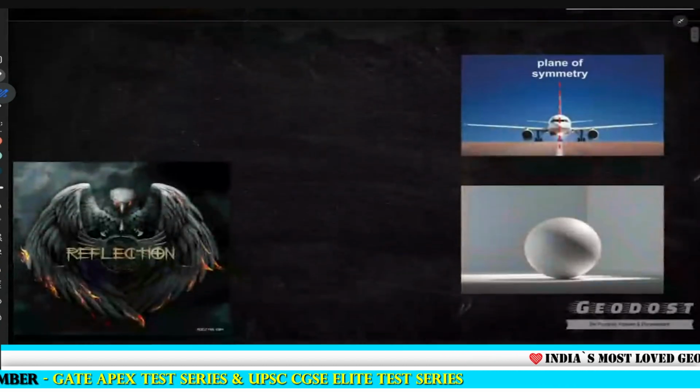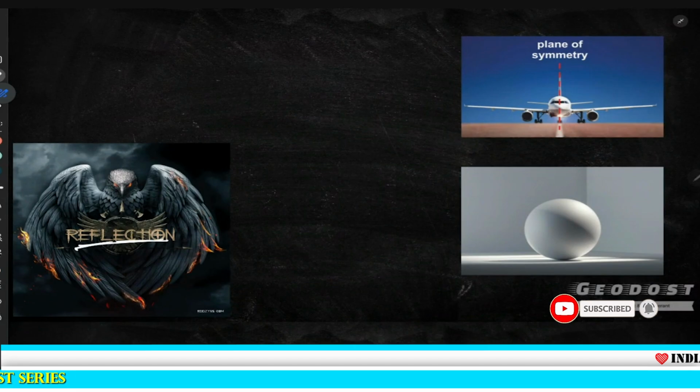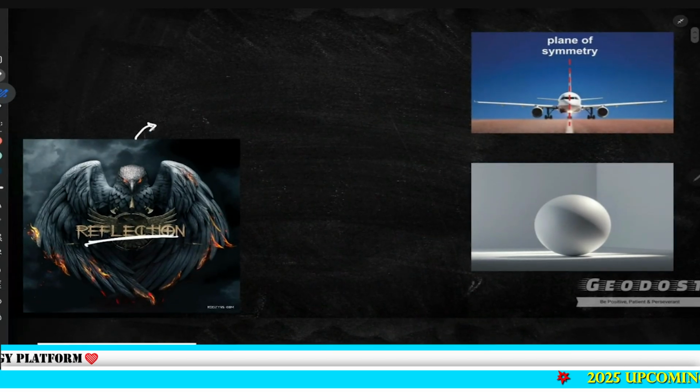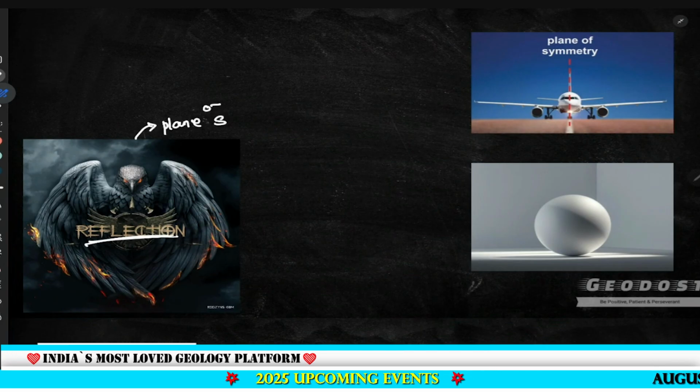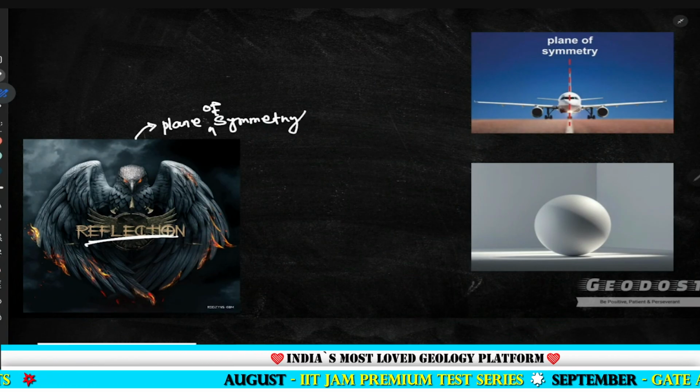Okay, now come to the reflection. In reflection cases, what we call it is the plane of symmetry, because the operator is your mirror plane.